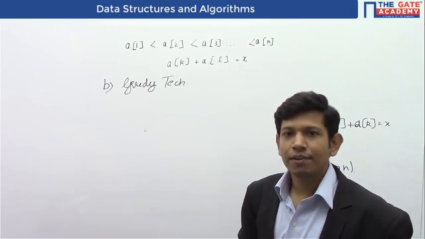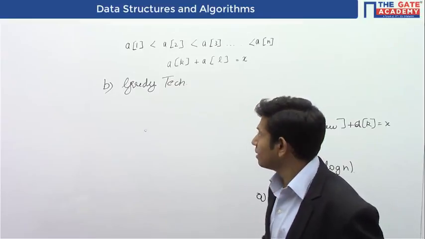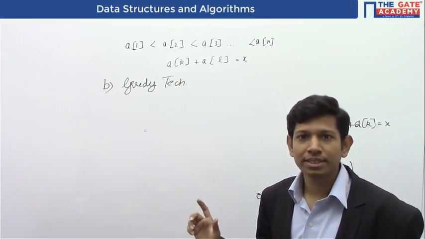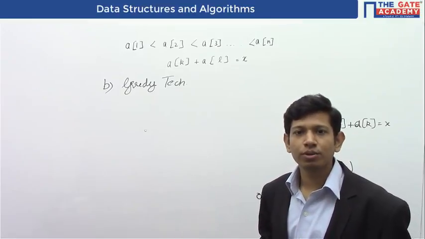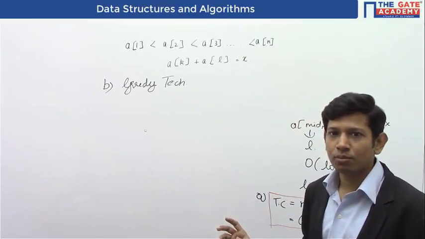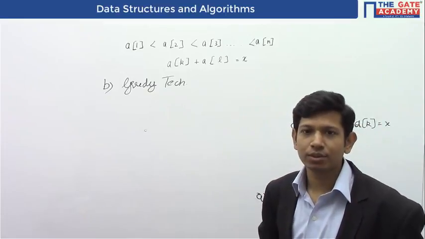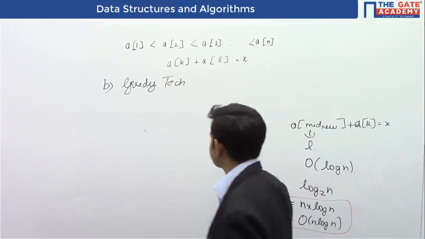But before that, if we want to make sure whether there are any such indices k and l whose sum is equal to x, then what we will do? First we will check the sum of the index n and n minus 1, whether it is equal to x or not.